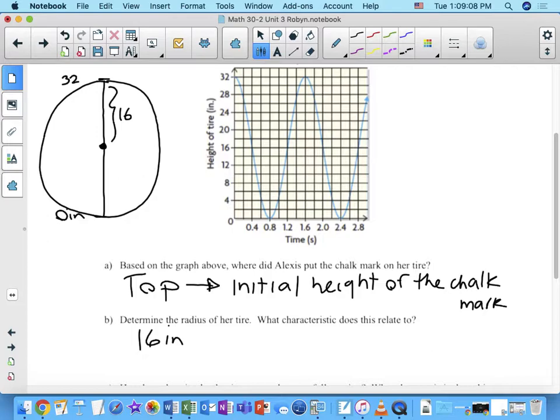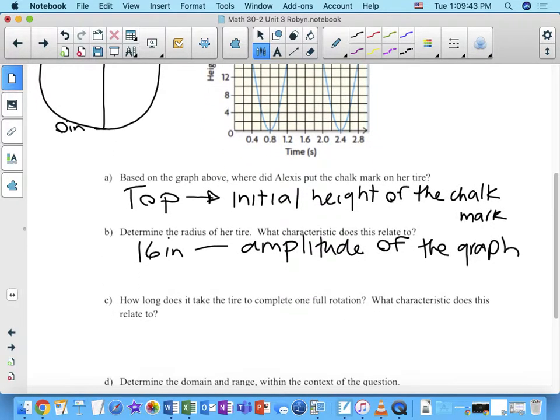That's the radius of a circle. Does that make sense? Okay. So this is the amplitude of the graph. And anytime you have a wheel scenario, the radius is always the amplitude. Always. Because amplitude is the distance from the middle to the top, or middle to the bottom. That's the radius of a circle.